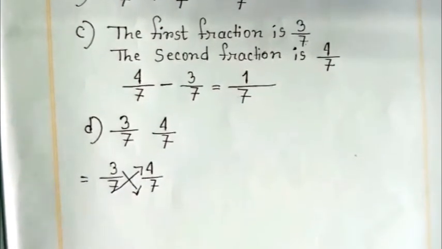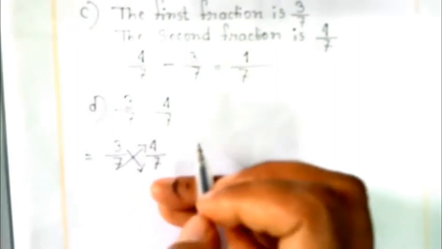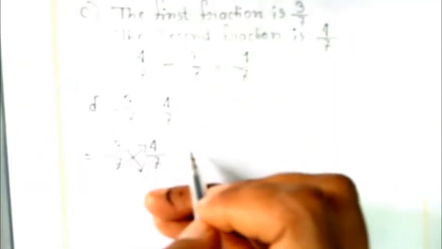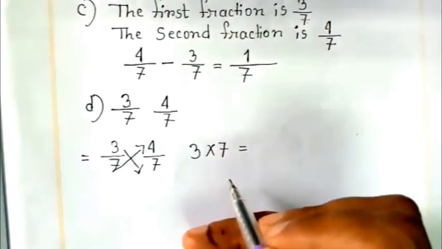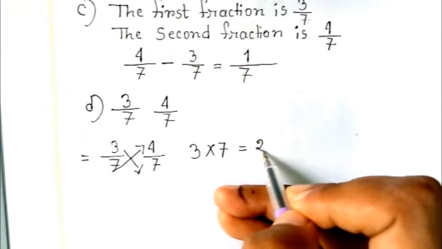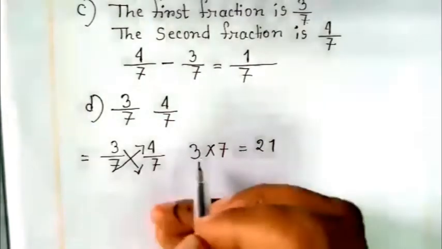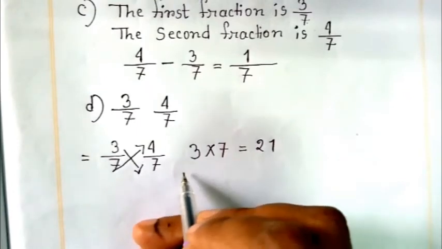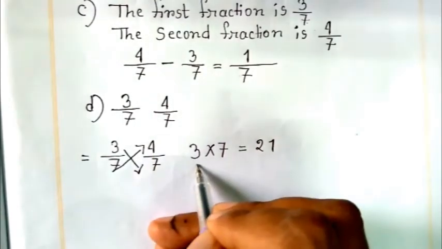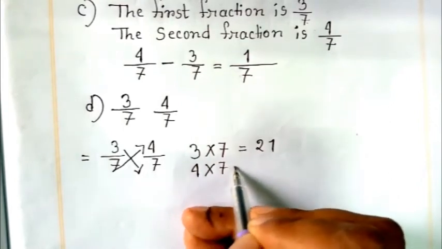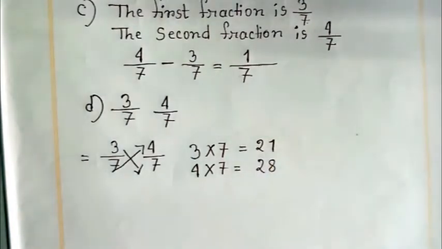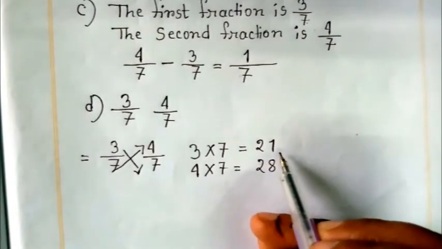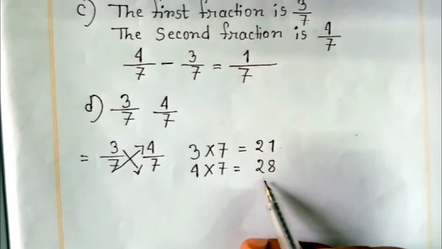So students, if we multiply 3 and 7, we get 21. And if we multiply 4 and 7, we get 28. So here students, after cross multiplying, we got 21 and 28.